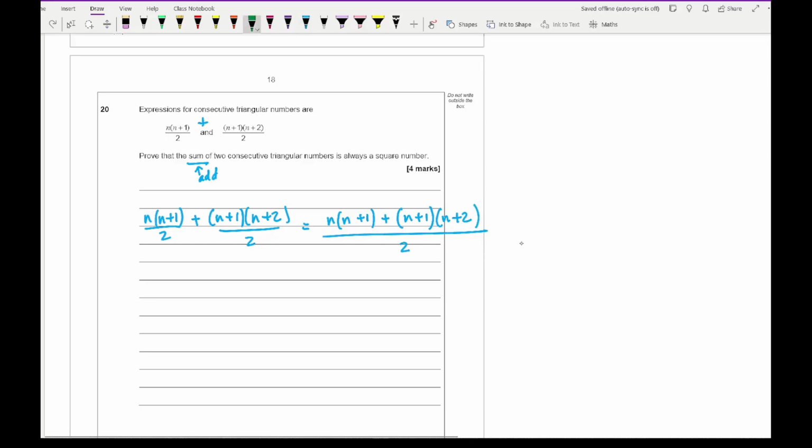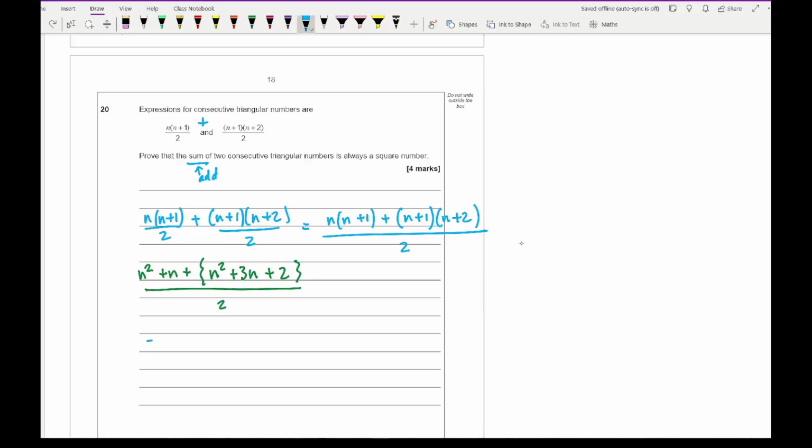Now if I expand the numerator, I'm going to go with n squared plus n, plus, and then expanding this quadratic, I get n squared plus 3n plus 2, all over 2.